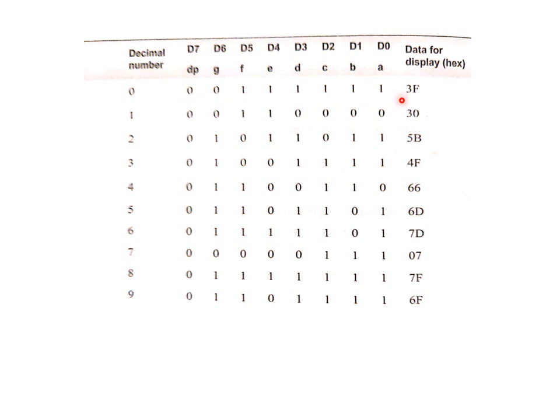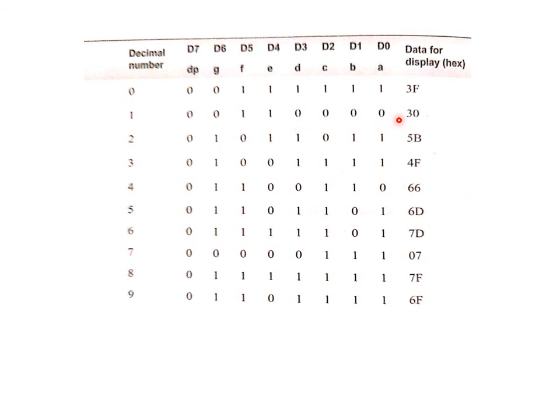The code is given in hexadecimal, that is 0 0 1 1, which is 3, and 1 1 1 1, which is F. So the code is 3F. Similarly, to display decimal data 1, only B and C are on and the rest are off. The hexadecimal data is 0 0 0 0 0 1 1 0.